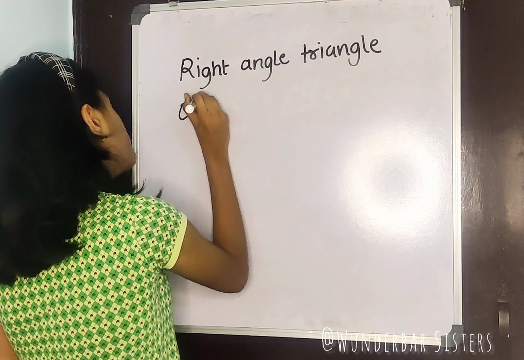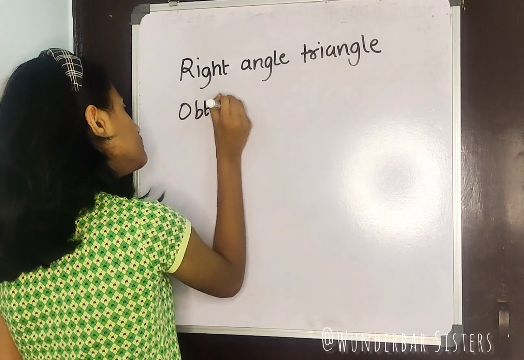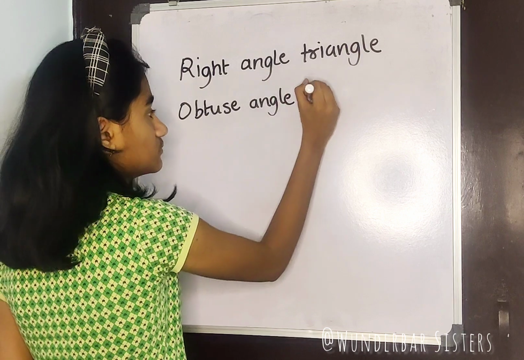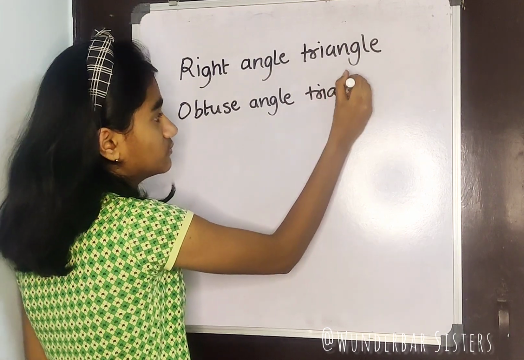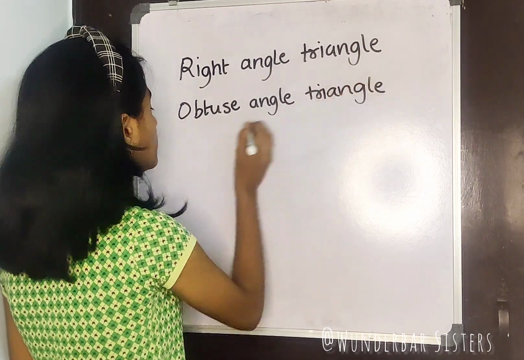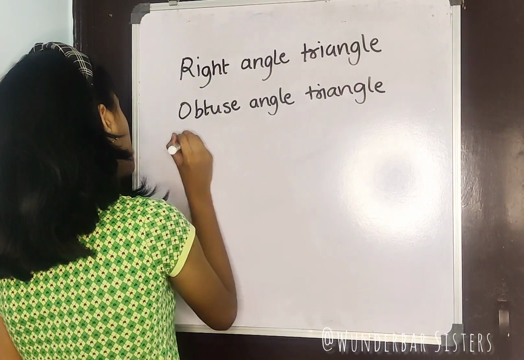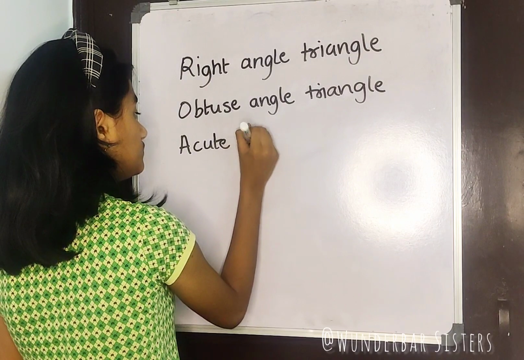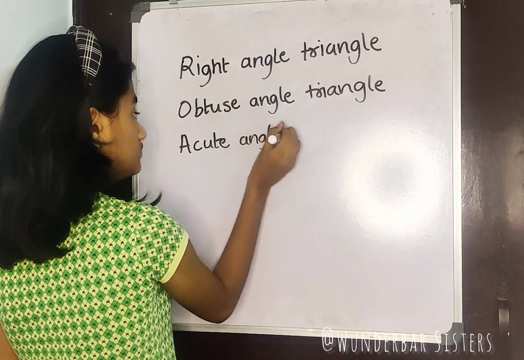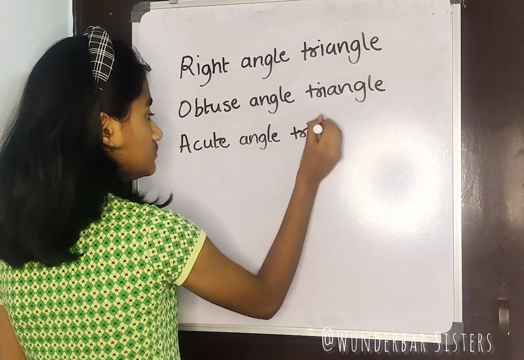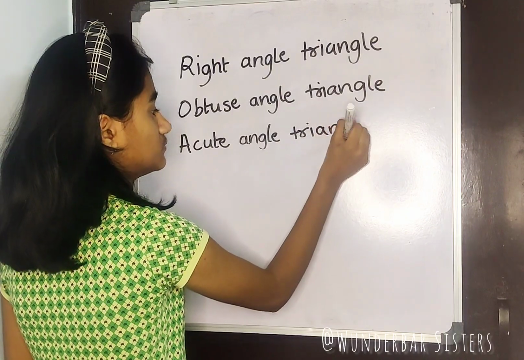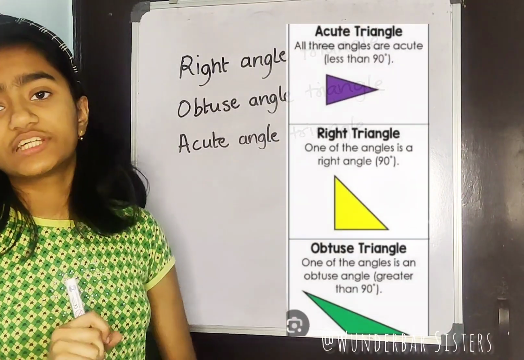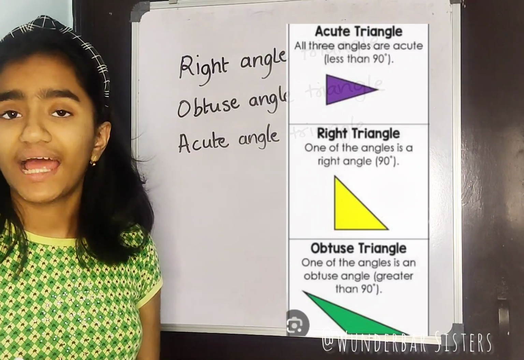Then obtuse angle triangle, and the third one is acute angle triangle. So these are 3 different types of triangles on the basis of their angles.